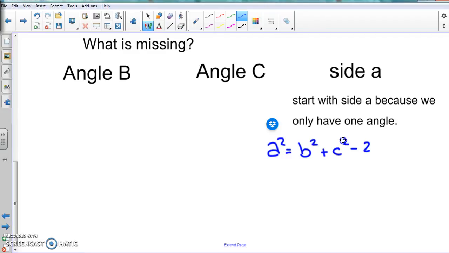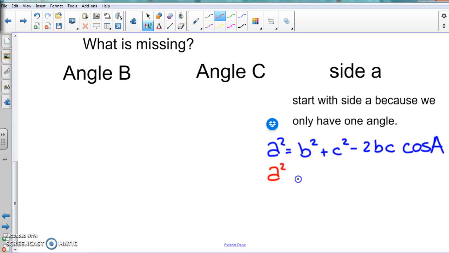They gave us side B, side C, and cosine A. And remember, whatever is here on this side is what the angle is going to be. So if this is side A that you're looking for, that means angle A is what they should give you. That's the only angle we have, so that's going to fill in what we have.